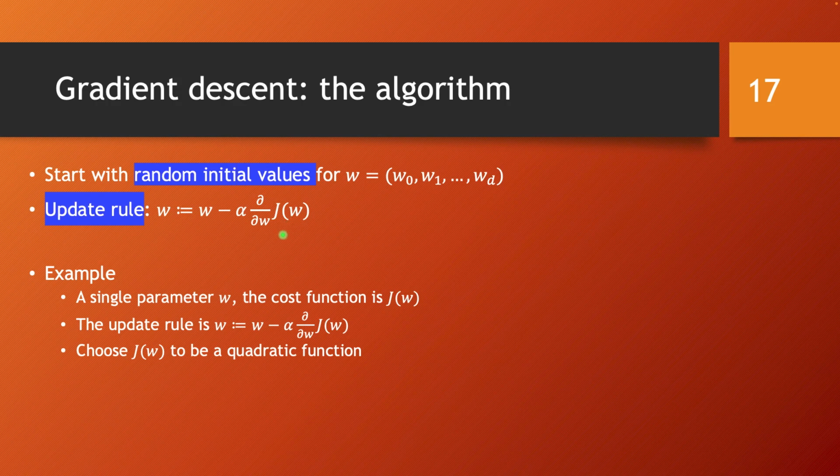So I want to give an example so that you get a feeling for what this update based on the partial derivatives is going to give you, and why this actually makes sense.